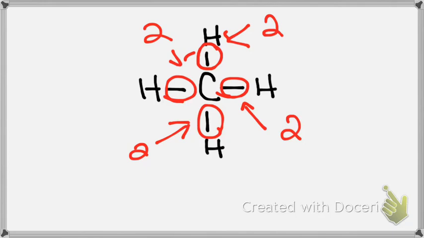So the hydrogens are happy. We need to make sure that carbon is happy. Well, carbon has 2, 4, 6, and 8. So carbon reaches its octet as well. Therefore, carbon is happy. Therefore, the correct structure was given for this molecule.